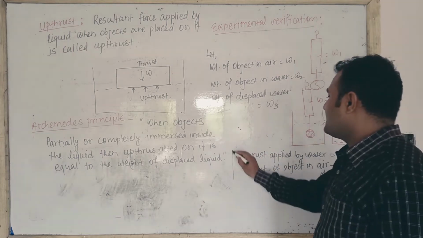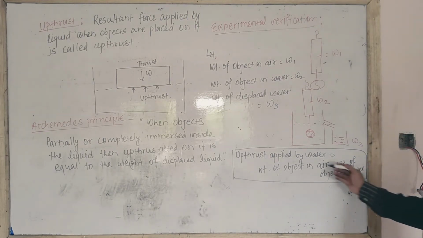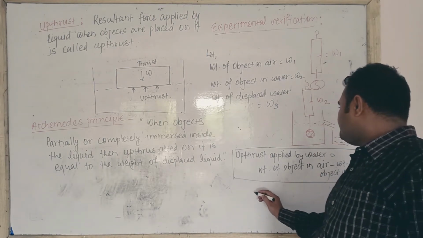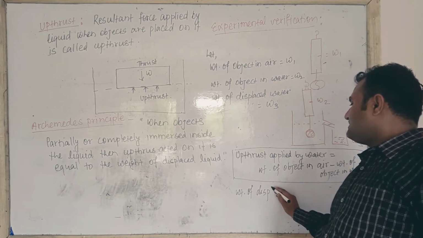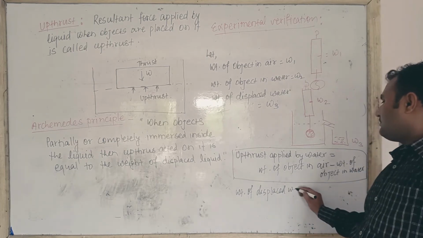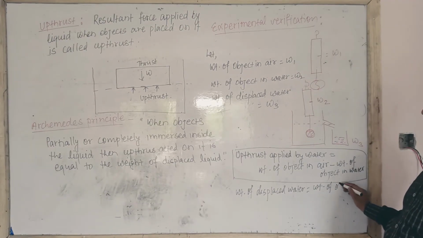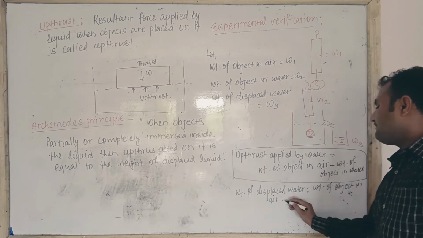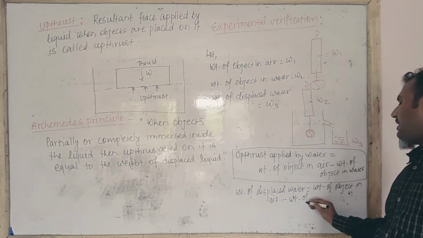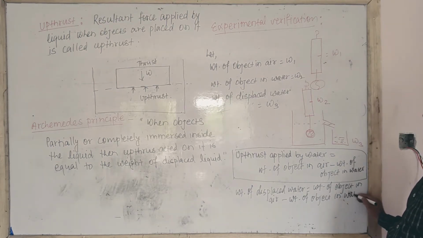This is the formula to calculate how much upthrust is acted by a liquid on an object, and also we can write weight of displaced water equal to weight of object in air minus weight of object in water.